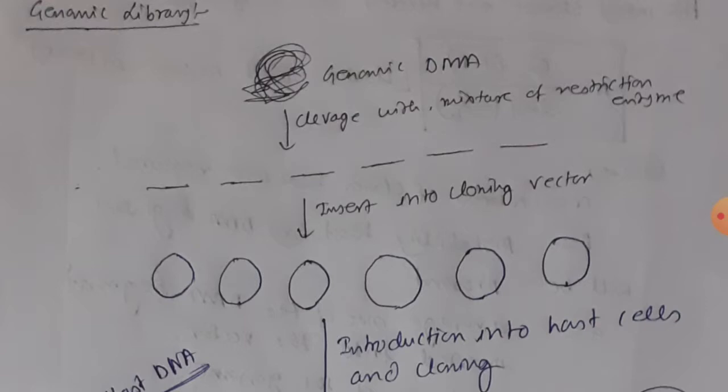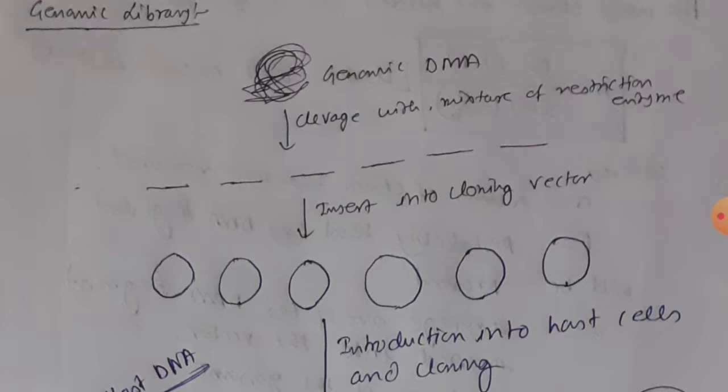So now what is present in this genomic library? A normal library consists of every kind of books, right? Similarly, a genomic library of a particular organism will obviously contain all of the genes, or all of the DNA fragments, that are present in its genome.